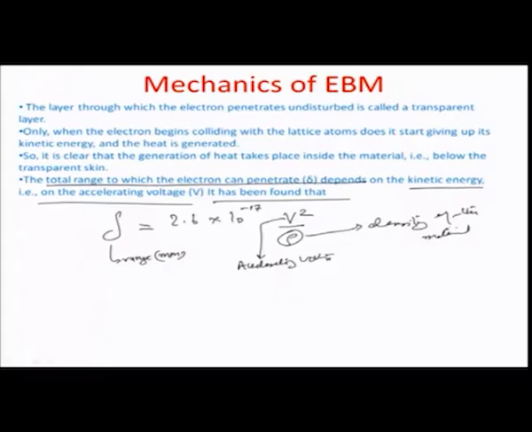So, that is how you can correlate. It really varies as the square of the accelerating voltage V.